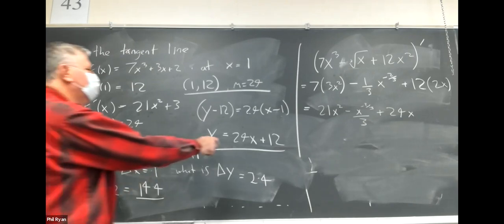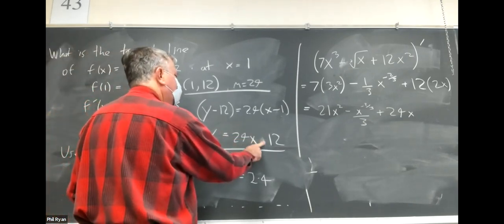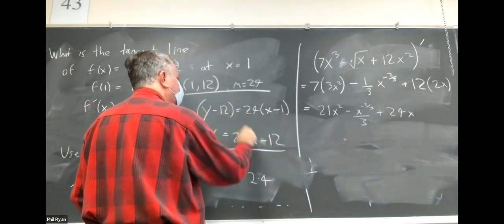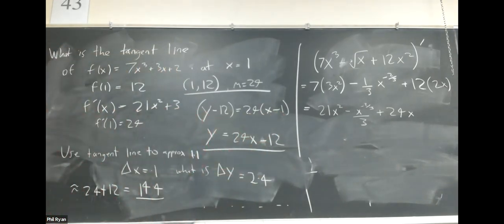Sorry, this is minus 12. 24 times minus 1 is minus 24 plus 12. Now it works.